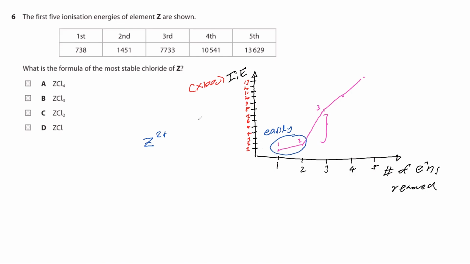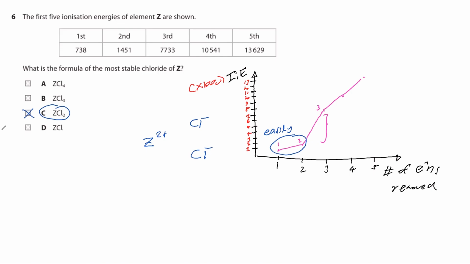To neutralize this +2 charge you need 2 Cl minus, because Cl is -1, so you need 2 of them. Therefore, if they ask for the formula of the most stable chloride of Z, I will go for ZCl2, because it can remove 2 electrons easily. So ZCl2 is our answer, which means our answer is C. Question number 6, answer is C.